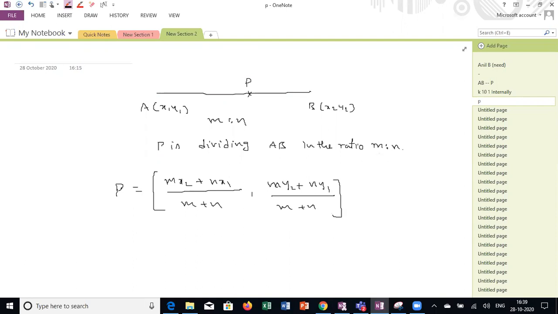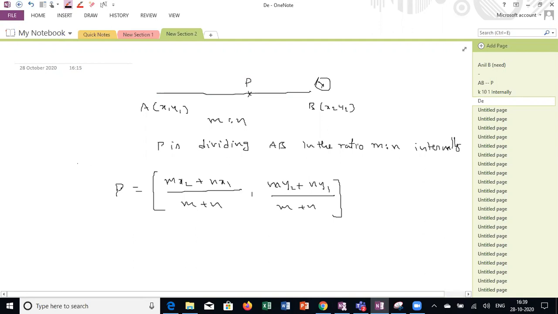So this is dividing in the ratio internally, because they won't give the diagram in the numericals. They will say internally or externally. I will discuss what externally means. Is it clear, guys?